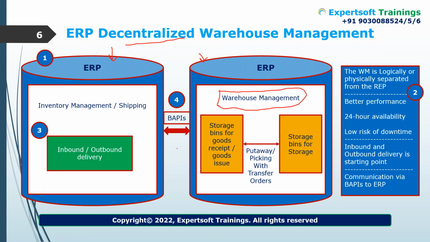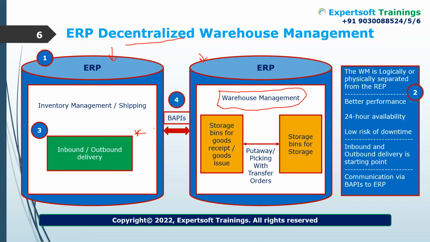But the problem is that to activate this, you need to maintain inbound delivery and outbound delivery. You cannot directly create a purchase order and start working on it, because this is in a separate box. In the decentralized warehouse model, inbound and outbound deliveries are mandatory.